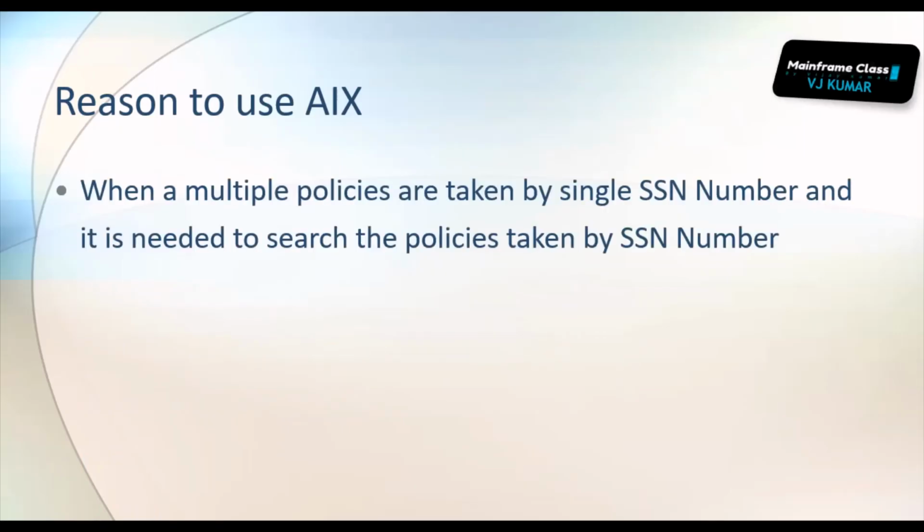Let's take a real-time example. Let's say you are working on an insurance project. If a person with an SSN number has taken multiple policies, and I want to look at how many policies have been taken by this particular SSN number, then if you look into the policy table, the policy ID will be the primary key, followed by the SSN number.